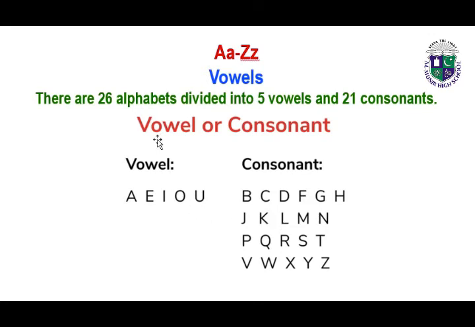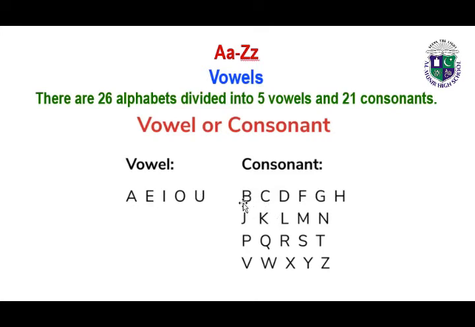So let's read vowels and consonants. What are the vowels? A, E, I, O, U. These are the 5 vowels.